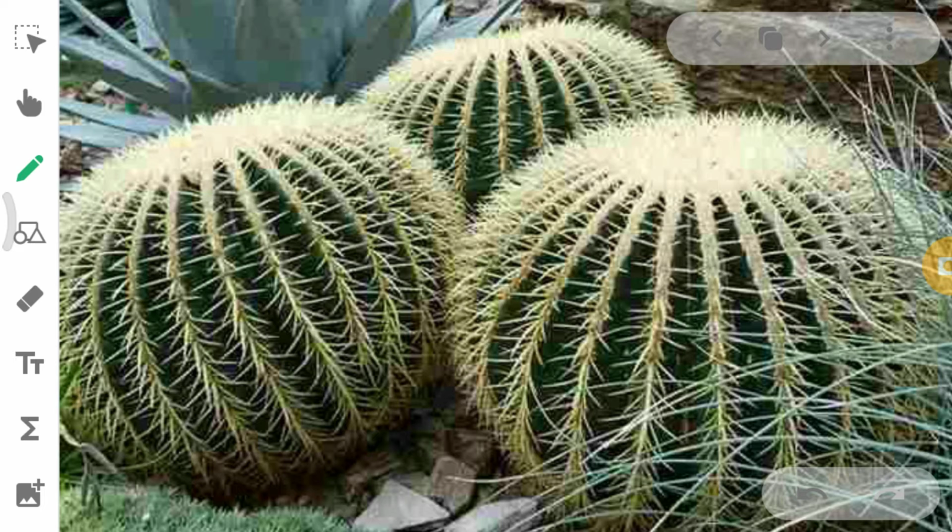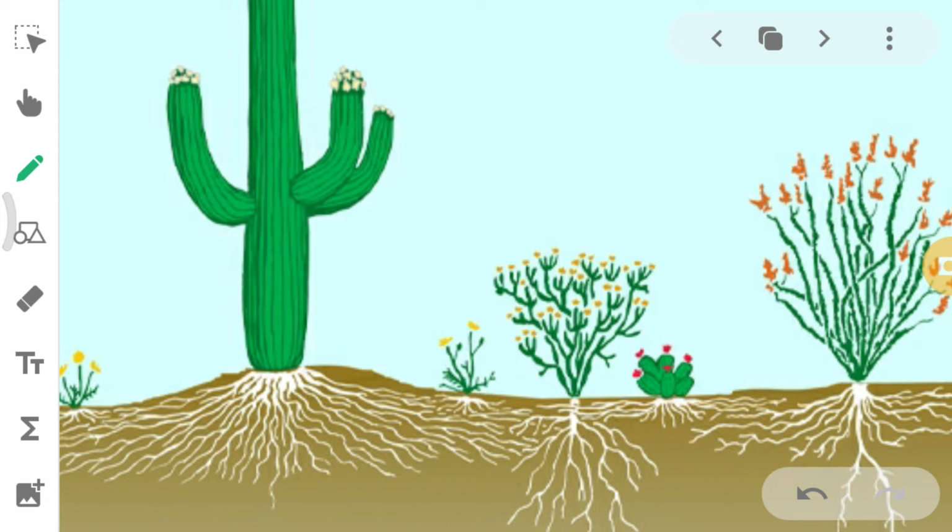Also, most desert plants have roots that go very deep into the soil for absorbing water. As you can see here, the roots are very long. They penetrate into the soil to absorb the water, because in desert regions, you can see that the water is too low, right?